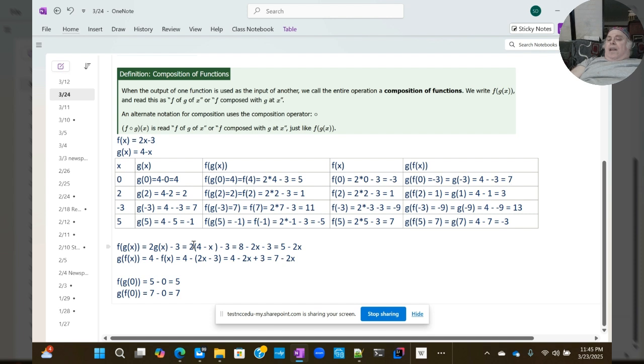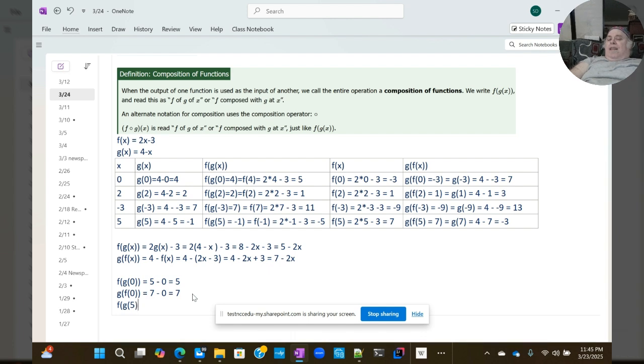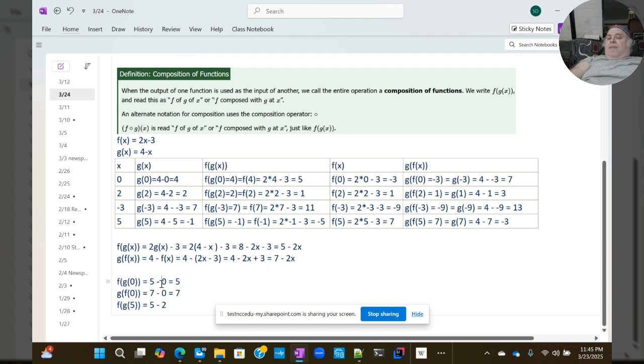Okay, let's do the bottom line. I think it's sort of boring to do all these lines, so we can do f of g of 5, which is going to be 5 minus 5. Okay, is that what I get? 5 minus 2 times 5. Sorry. Should be 5 minus 2 times 0. It should be 7 minus 2 times 0.